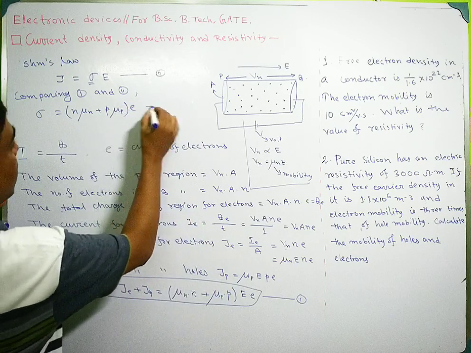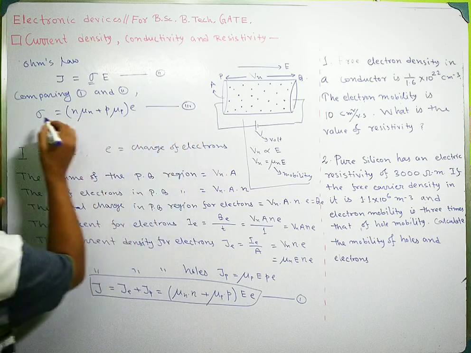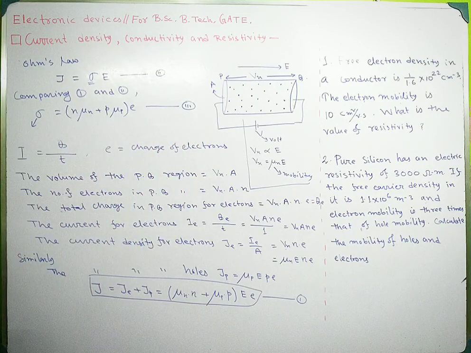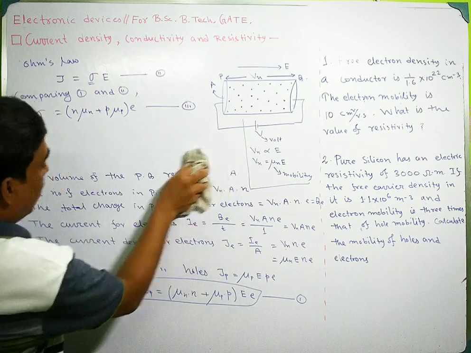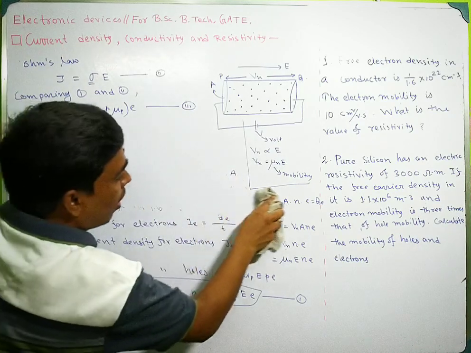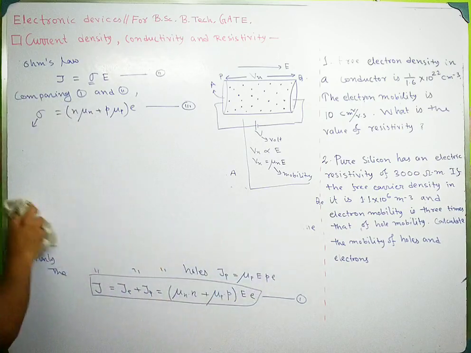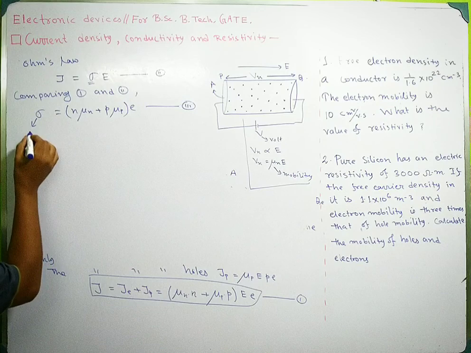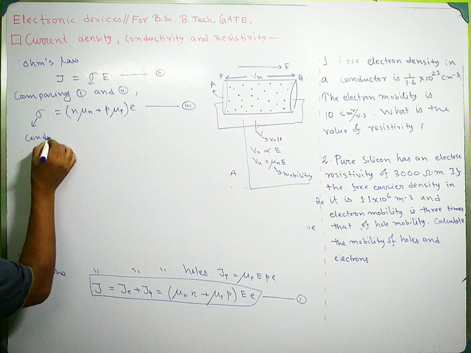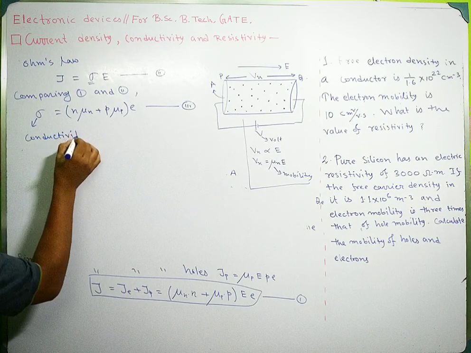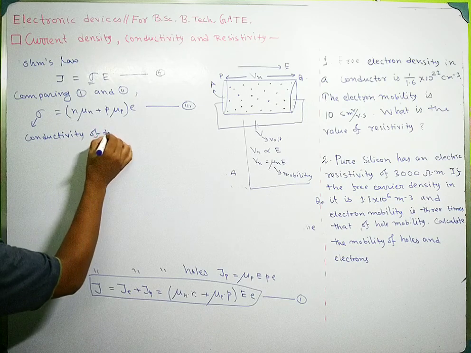This is the sigma. This sigma is called the conductivity of the semiconductor.